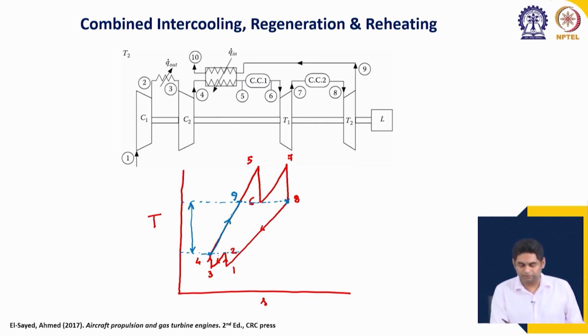So, the air gets heated up to state 9. We are assuming that the regenerator effectiveness equals 1, and of course, optimum intercooling and reheating.